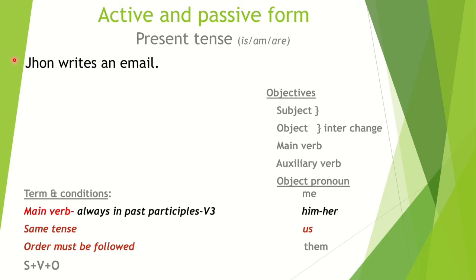John is our subject and email is our object and writes is our main verb. Okay, so here the subject is S. John is our subject and object is email and write is our main verb. So we have to write subject, then verb and then object.